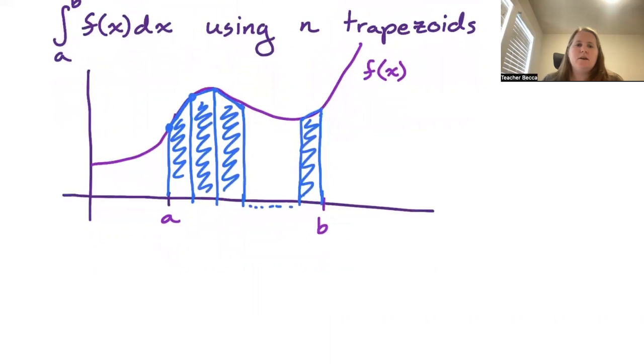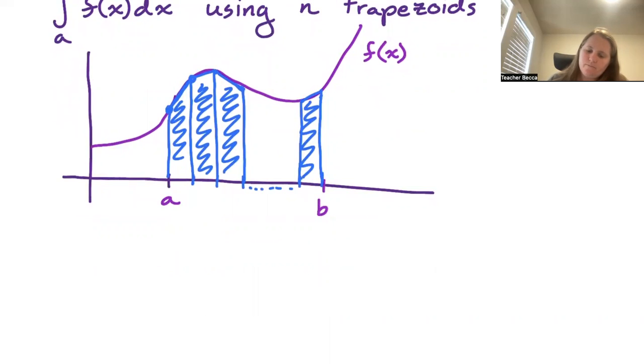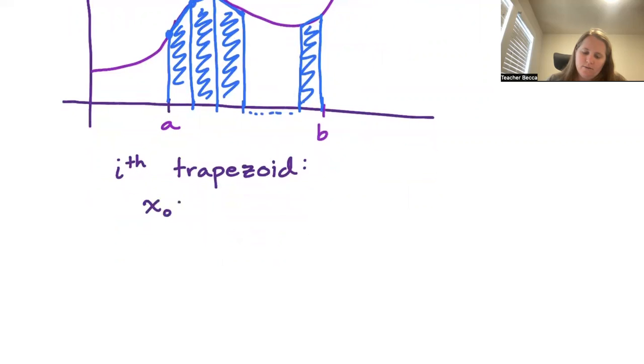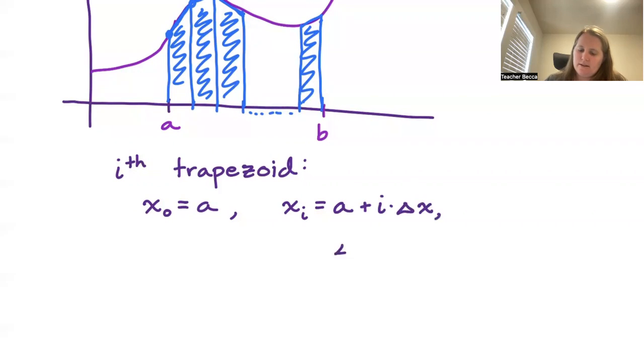So again, if we want to take the ith trapezoid, if we let x0 be A, then our xi's will be A plus I times delta x, where delta x is the overall width from A to B, so B minus A, split over n rectangles.